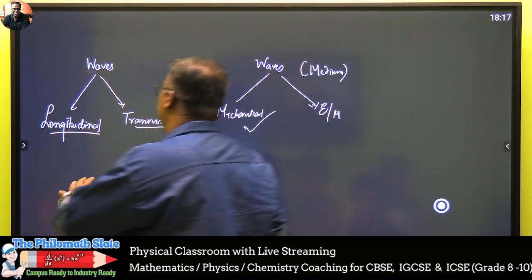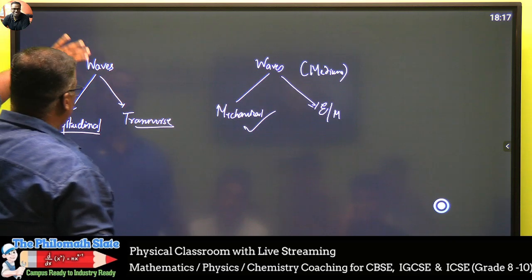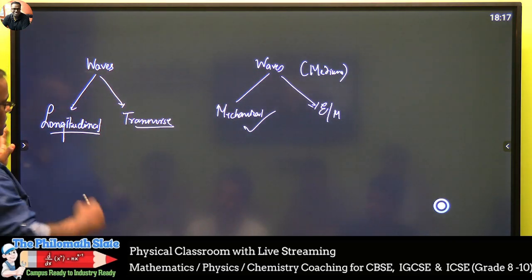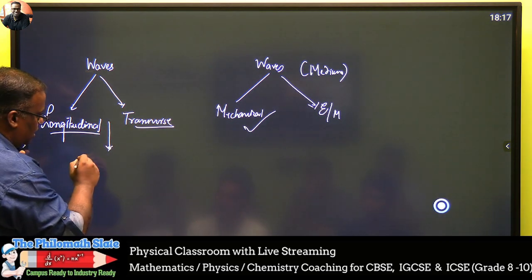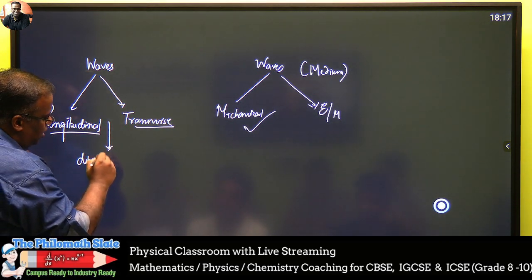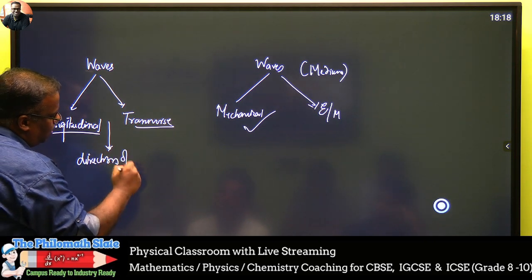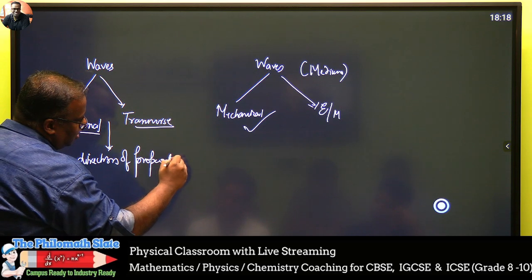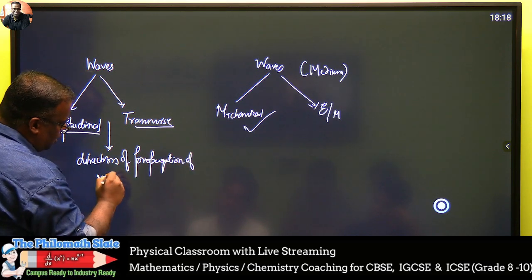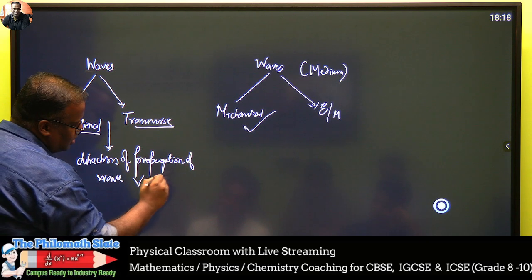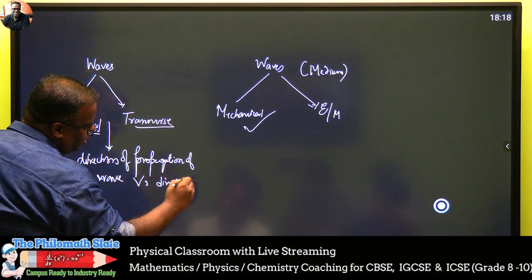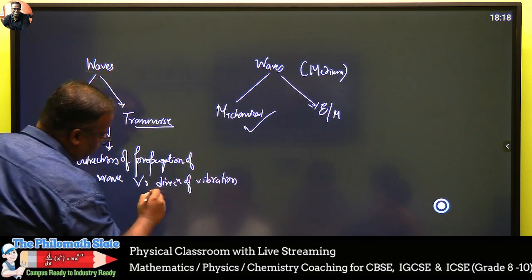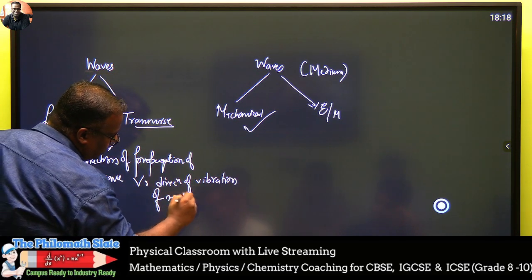Then second comes another classification. What are waves? Waves can be classified as longitudinal or transverse. This is on the basis of direction of propagation of wave versus direction of vibration of medium particles.